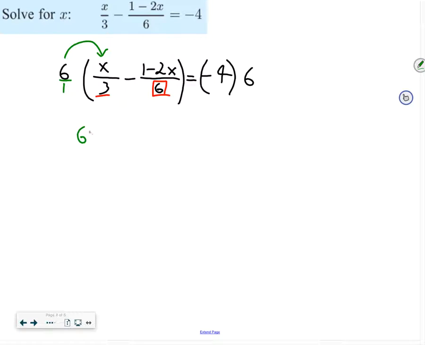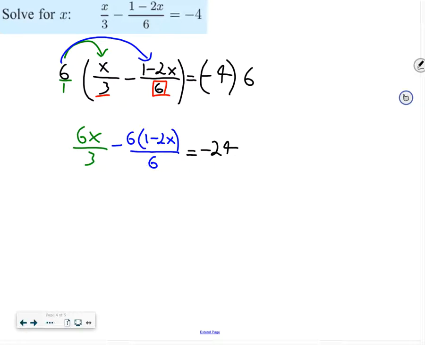I'm going to get 6x over 3. Okay. Here I'm going to do 6 times this term. I got to remember the negatives going with it. So I get negative 6 times the quantity 1 minus 2x over 6. And then the right hand side is equal to negative 24.